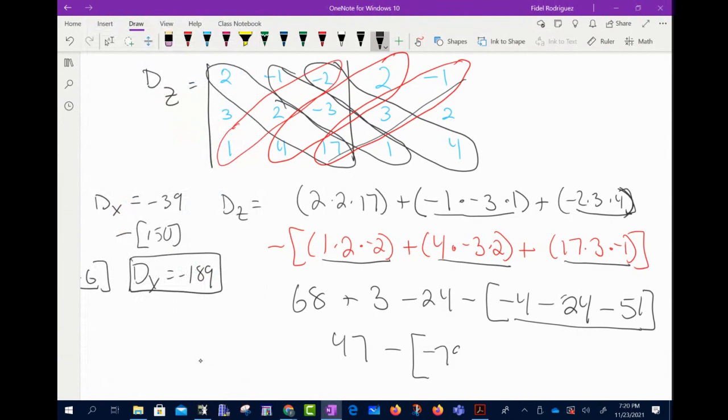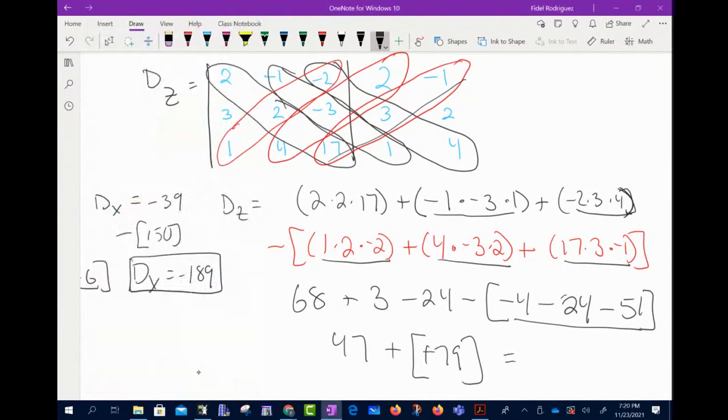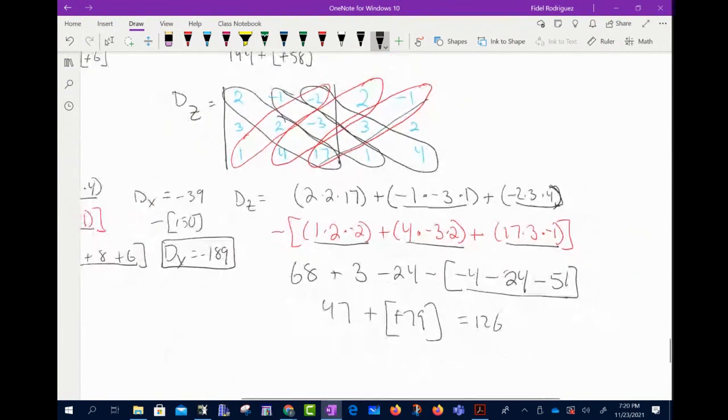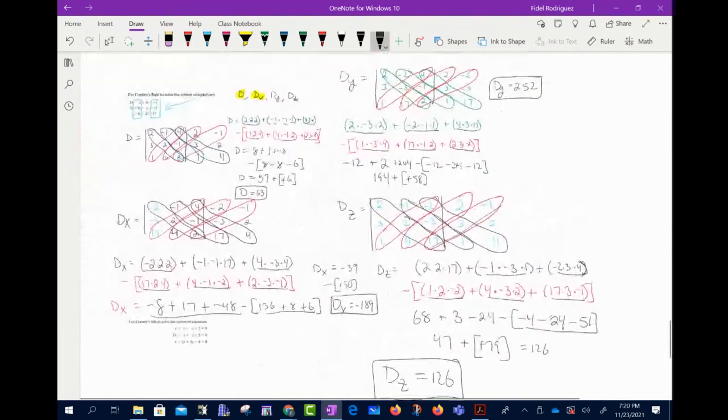That's a negative 79. And then remember, minus and minus become plus. So 47 plus 79 is 126. All right, so DZ is 126.